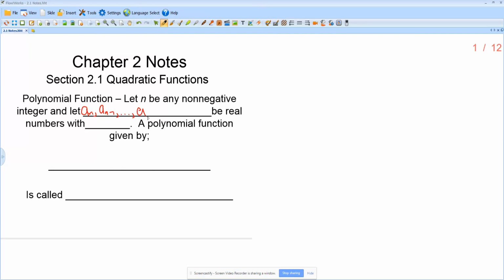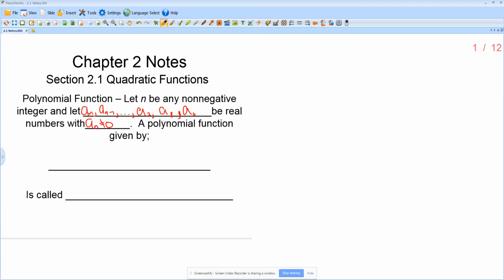And we'll have a sub 2, comma, a sub 1, comma, a sub 0, be real numbers with a sub n not equal to 0. So this is just talking about terms in a sort of sequence or series.